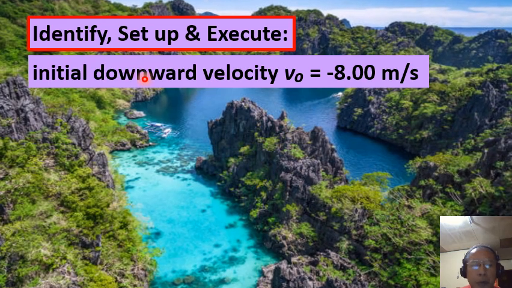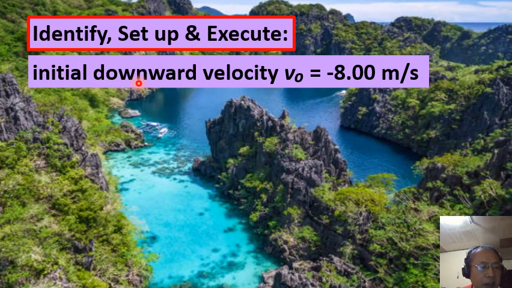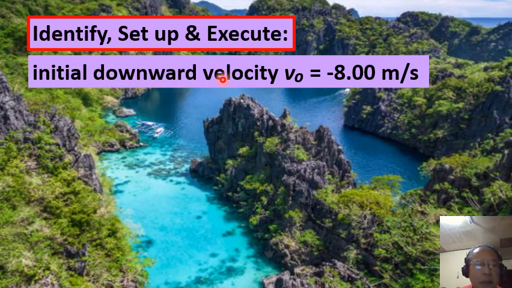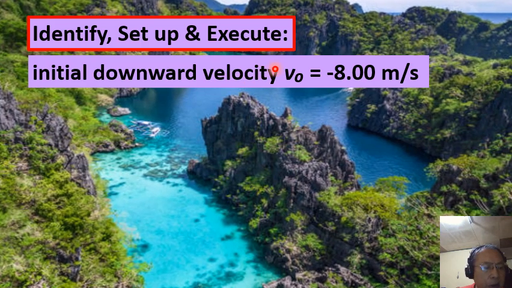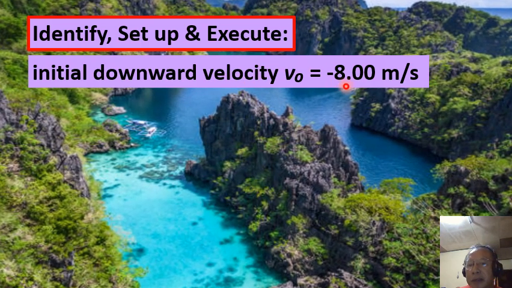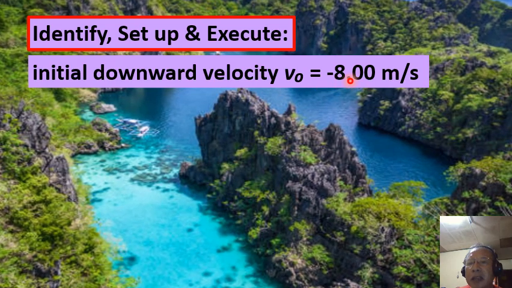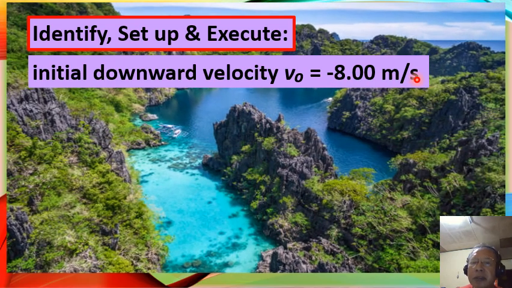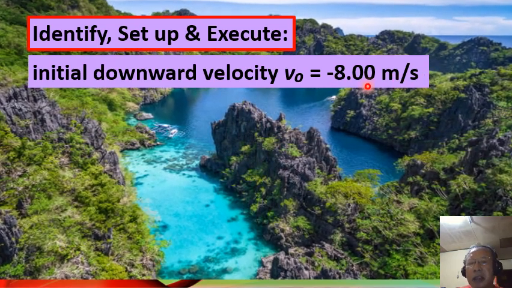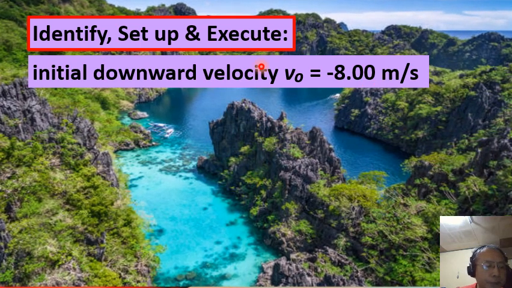So for question number 2, we're given the initial downward velocity denoted here by v naught, which is equal to negative 8.00 meters per second. The negative sign simply means that the direction of the initial velocity is downwards.